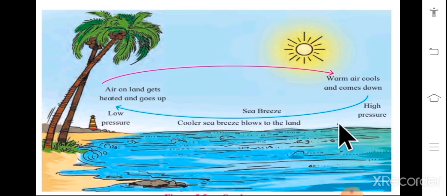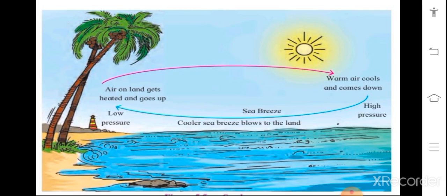So I hope you have understood. Air over here is not there, it has gone up, so it is empty. So that's why the wind, which is high pressure over here, pushes over here and it creates a wind. This type of wind is called sea breeze.